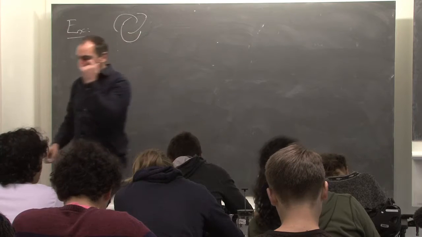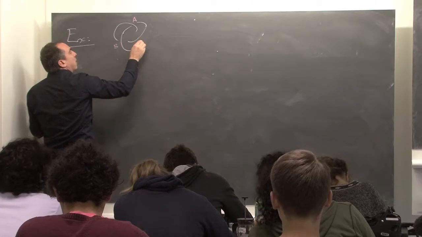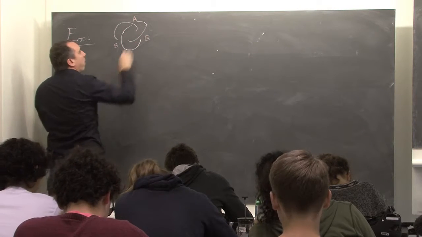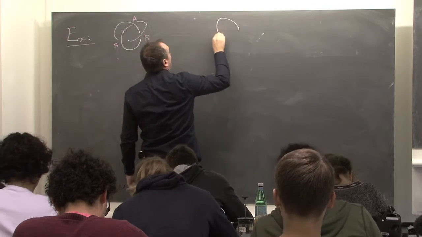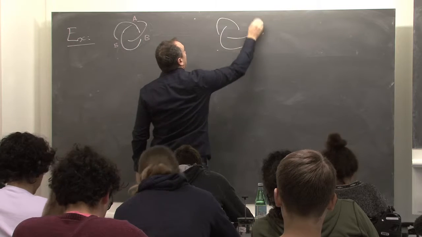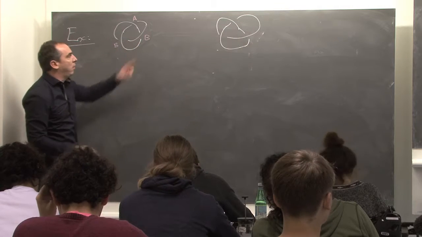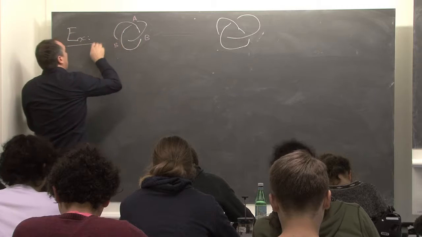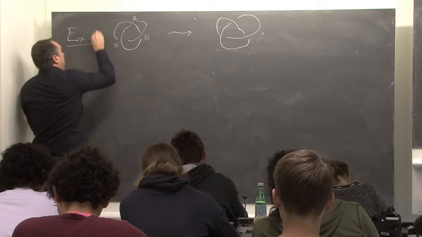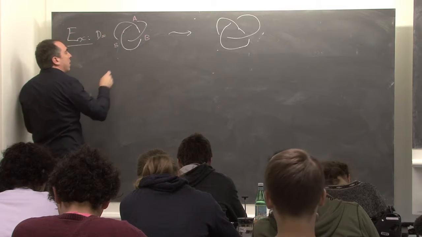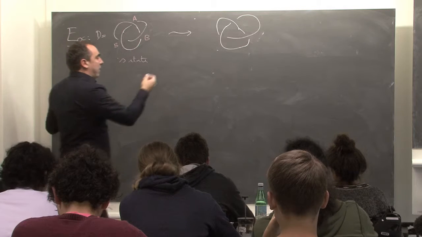To each crossing I have a letter, for example A, B, B. So D is the diagram here, S is a state, and we obtain D_S.